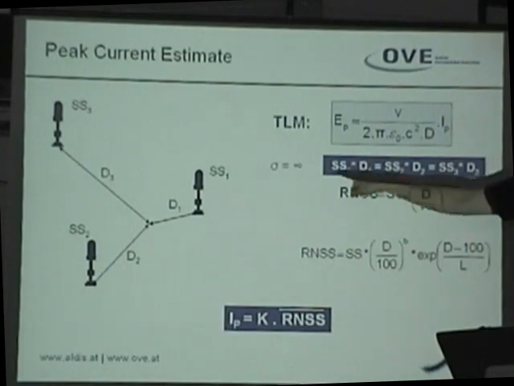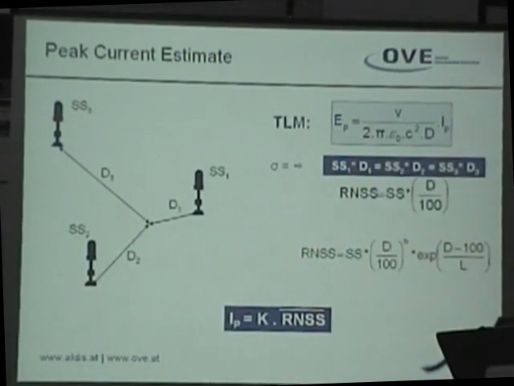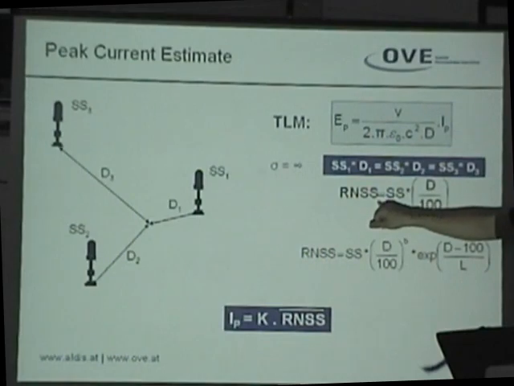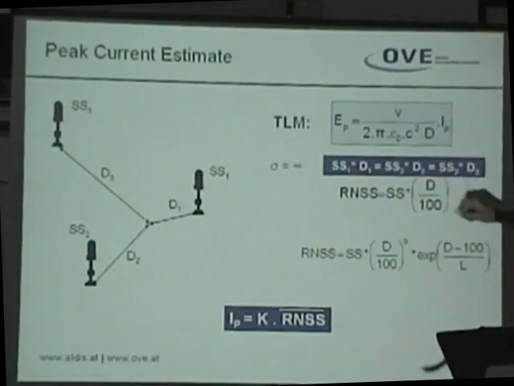If you look at this in theory, it should be the same: signal strength 1 times distance 1 should be equal to signal strength 2 times distance 2 and so on. This is how you can normalize. What is used now is the so-called range normalized signal strength. This is the individual signal strength of sensor 1, for example, normalized to the distance 1 over 100.